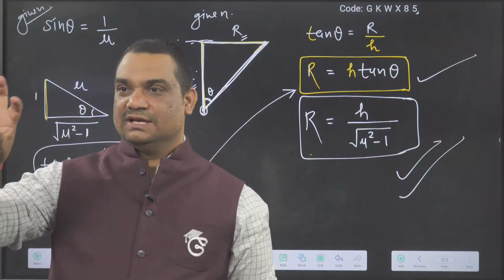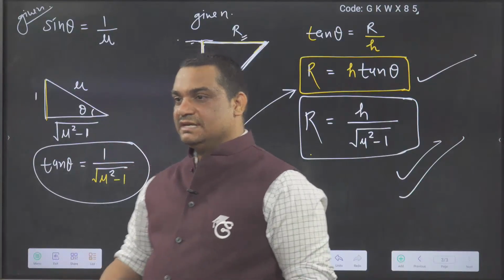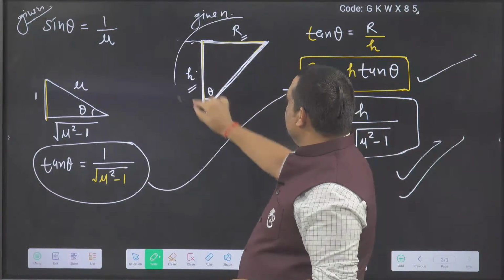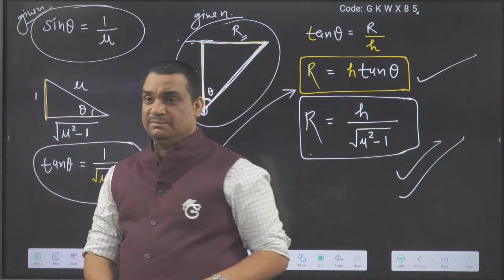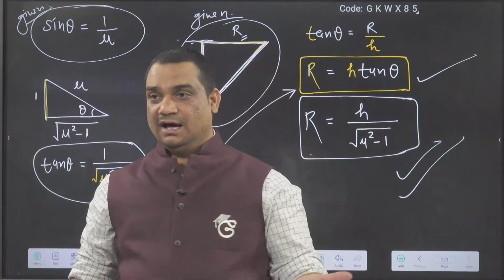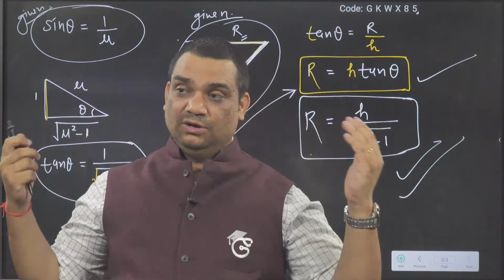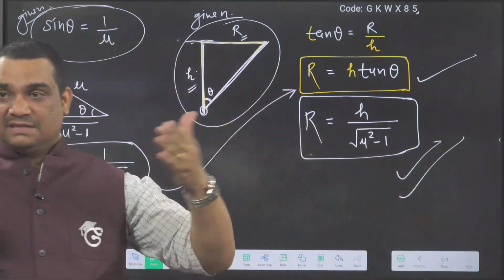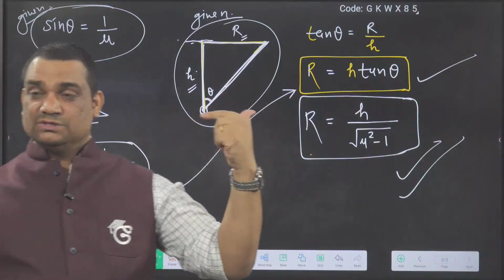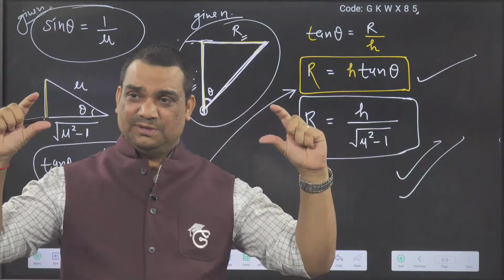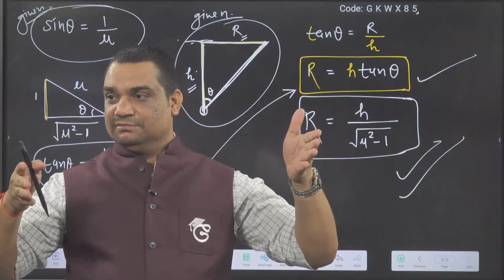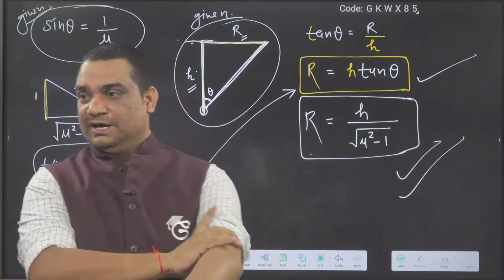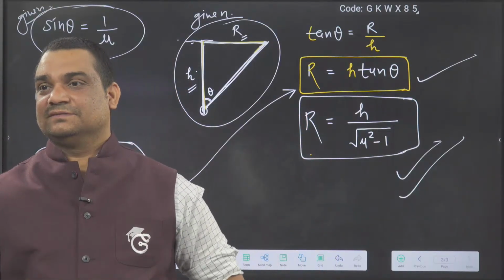They have given this diagram and one condition, sine theta equal to 1 by mu, and they are asking what is r. In this whole derivation, mathematics is there. Later on, I will use the words critical angle, so some of the physics we will talk about.